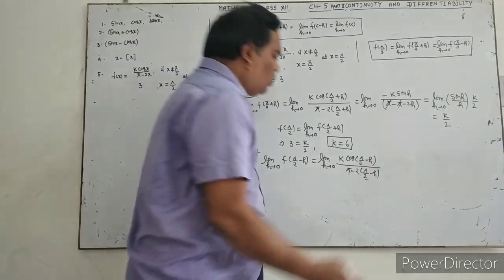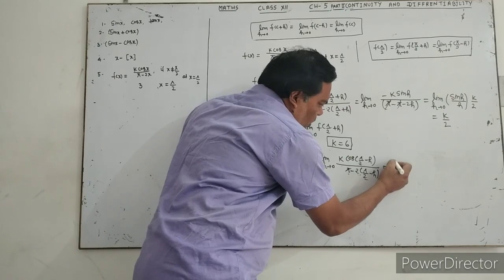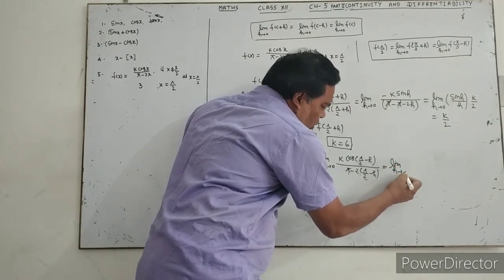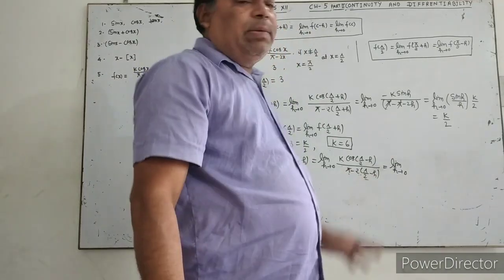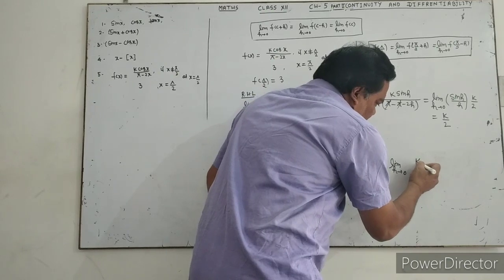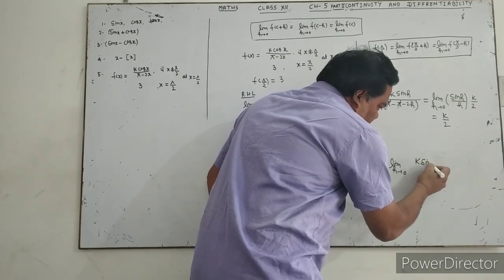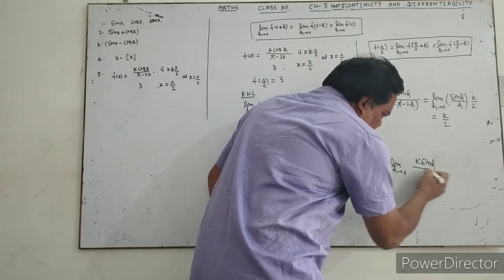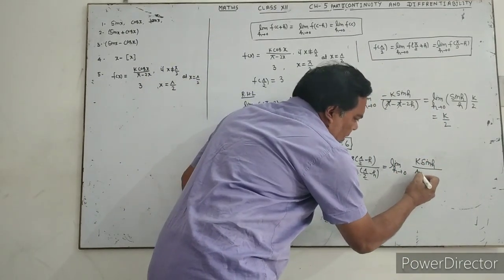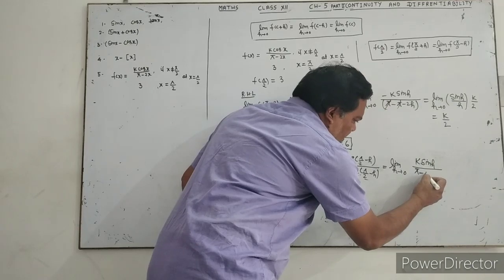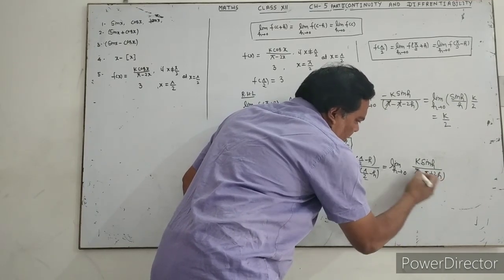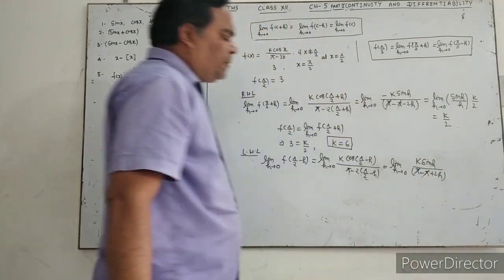So this is equal to the limit as h tends to 0 of a sin h divided by π minus π plus 2h. The π and π both cancel.